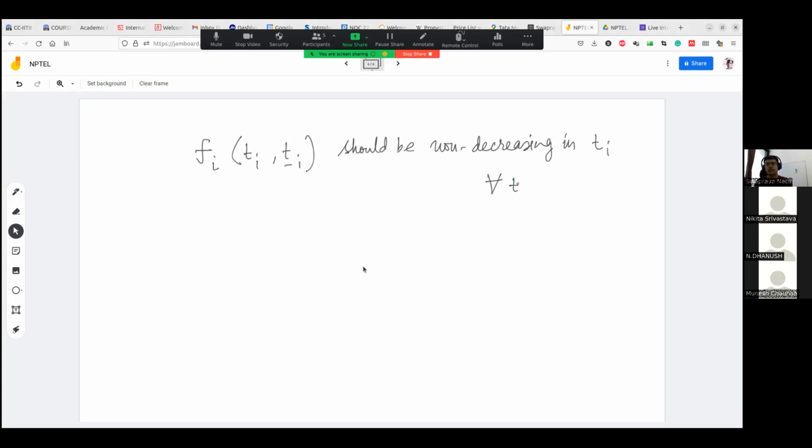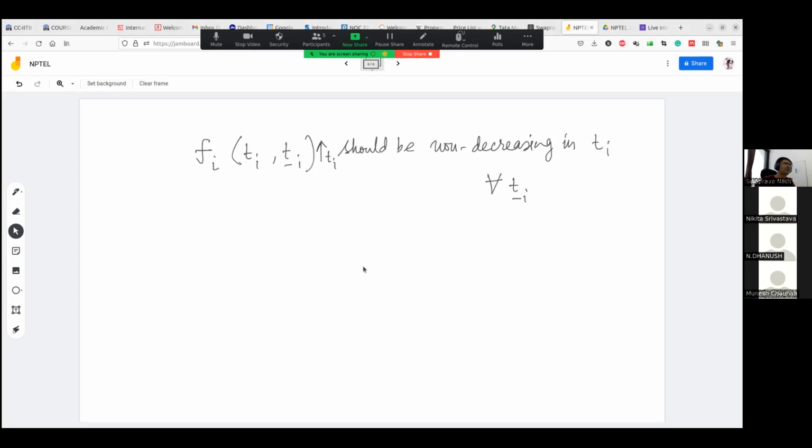So no matter what the other players' choices of types are, we are not taking any expectation. We are saying that for that choice of T-i, this should be monotonically increasing in Ti. So this is one way of writing it: it is monotonically increasing in Ti for all T-i.